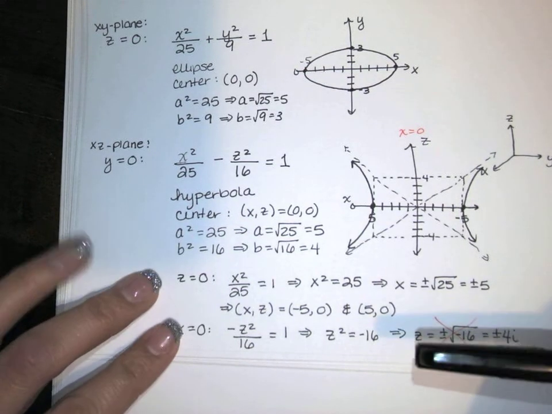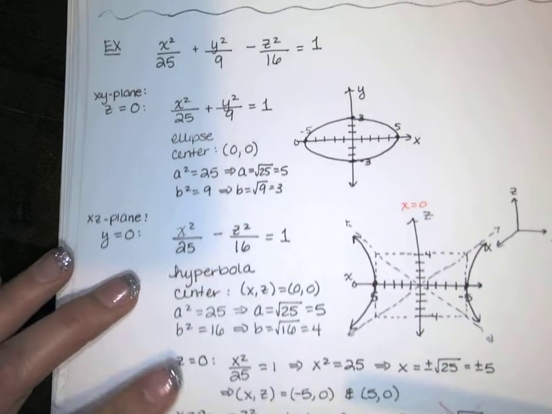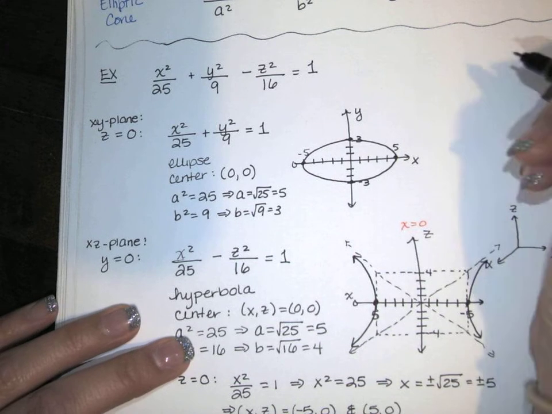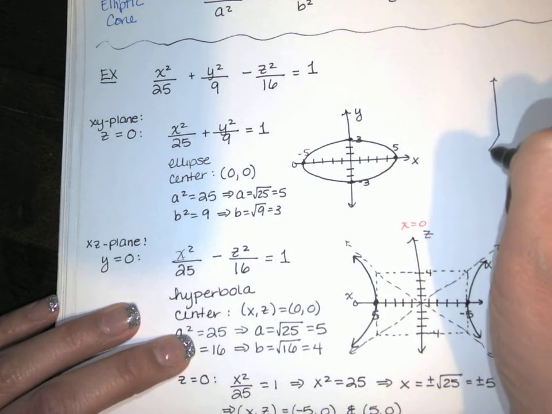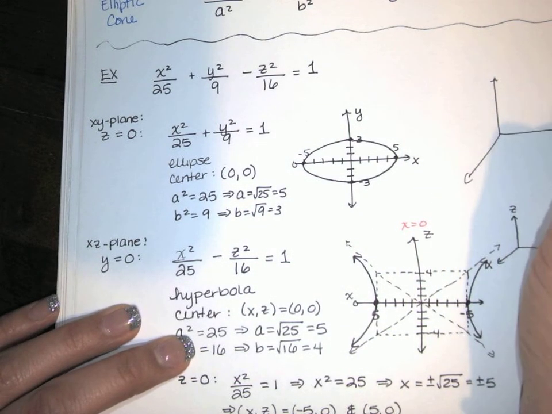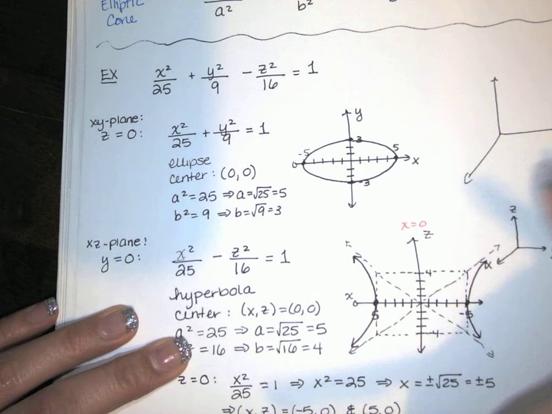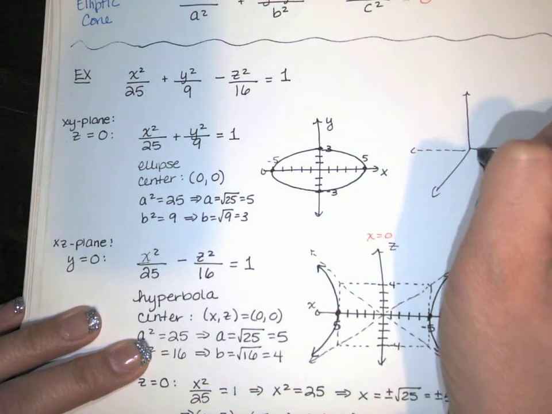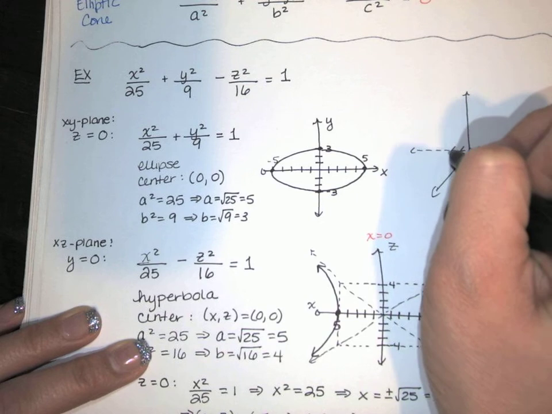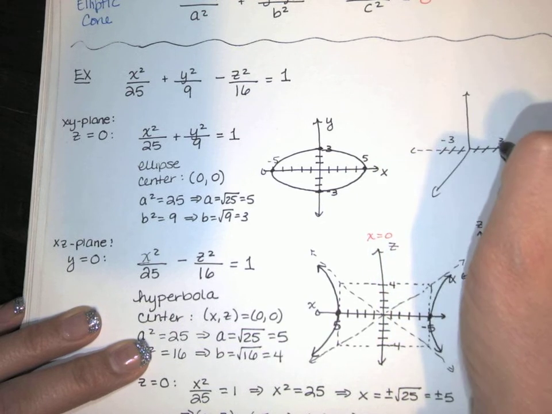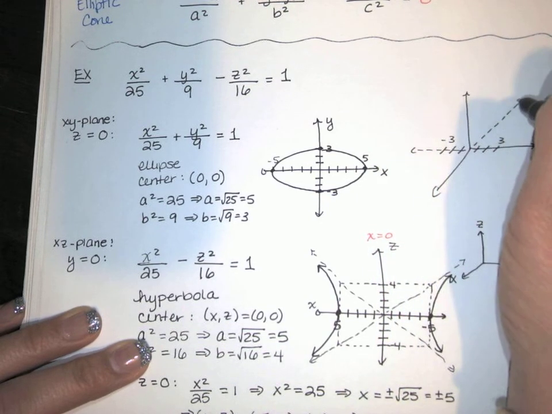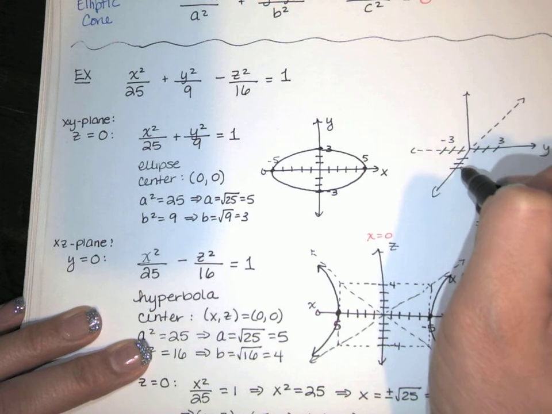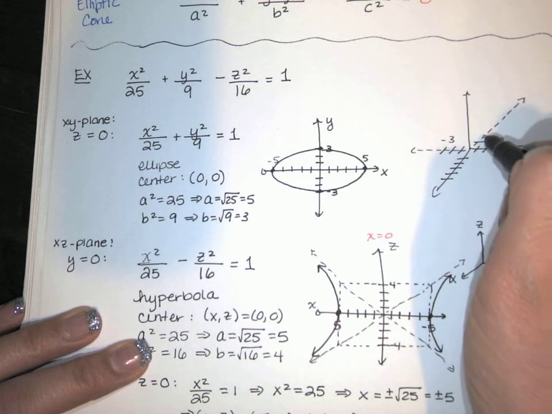So now let's put these two pieces together. So far, I have a trace in the xy plane. We go plus and minus 3 units in the y direction, and plus and minus 5 units in the x direction.